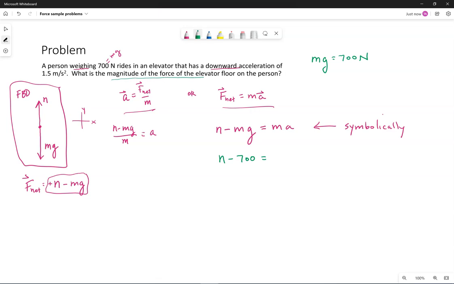It wants to know the magnitude of the force of the elevator floor on the person. So we're looking for n. We're looking for the normal force. So I need to finish plugging in what I know. Mass of this person, I don't directly know, but if I know the weight is 700, then the mass is 700 divided by 9.8. So I can put that in for M.